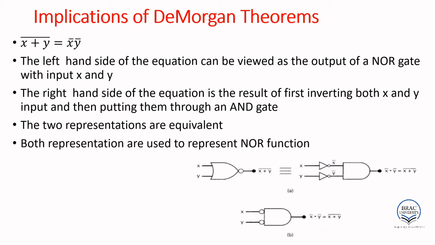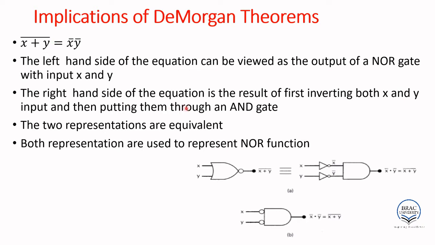If you look here, I had better use a pointer to be helpful. Okay, just look here: x and y into an OR gate gives x plus y prime. So this part can be implemented using a NOR gate. And look at the right hand side.